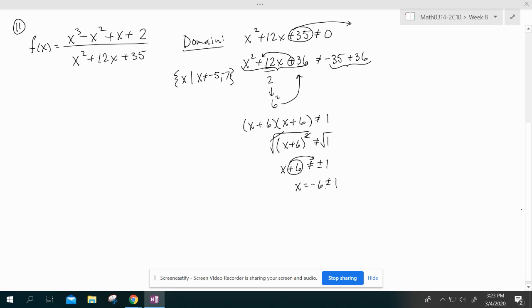How about interval notation? So everything from minus infinity up to negative 7. Good. Union. Everything from negative 7 to negative 5? Yep, good. And everything from negative 5 to infinity?